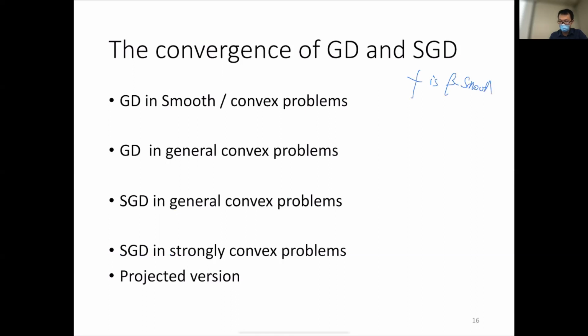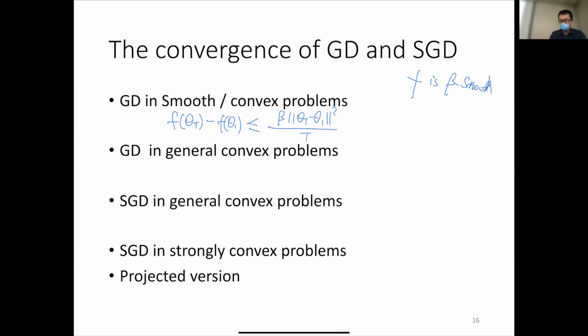Notice that this is a different beta if what we have in mind is that f is the sum of these L loss functions. But if f is beta smooth and convex, then it can be shown that the gradient descent algorithm after, say, t iterations from the initialization is smaller than beta times the norm of theta_1 minus theta squared, over t.